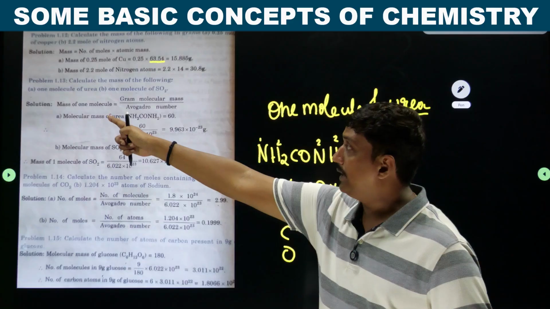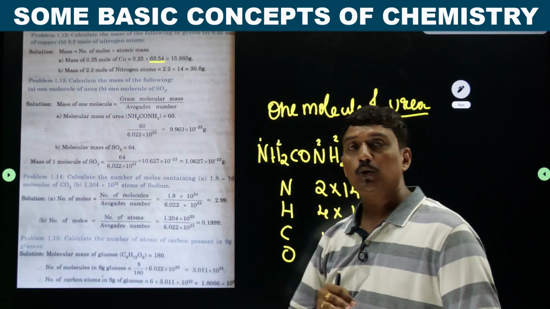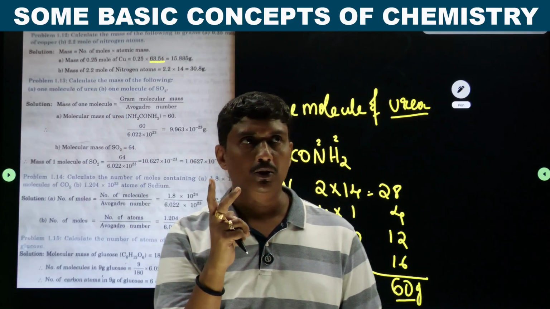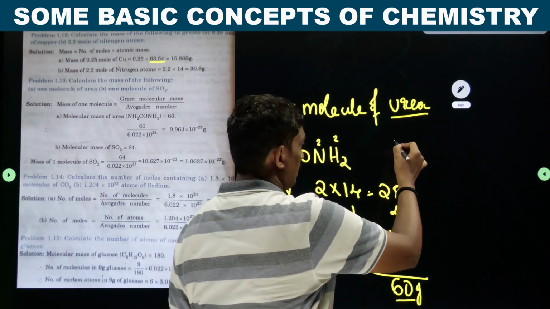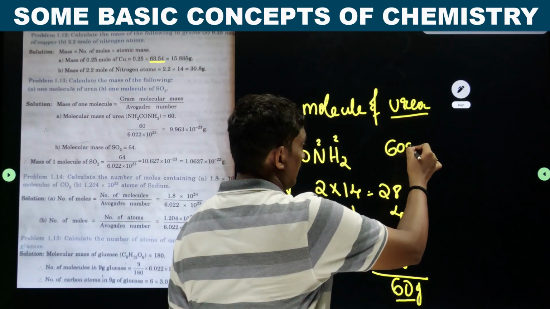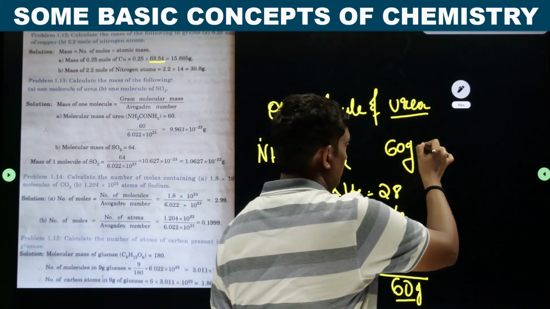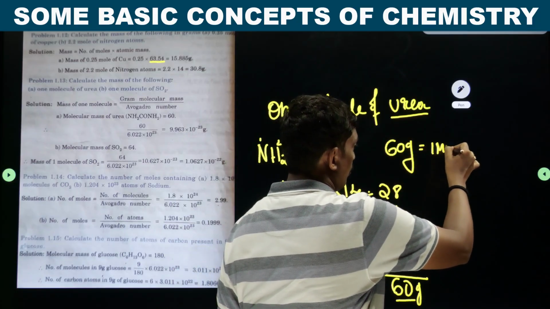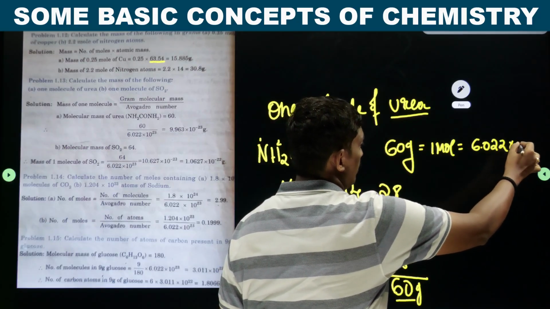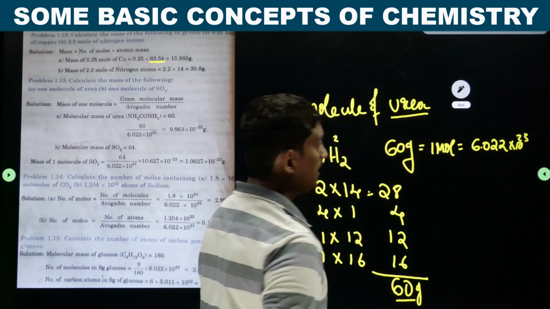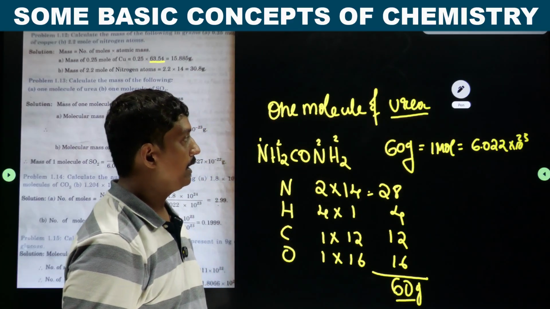You should calculate the mass of one molecule. How to calculate? We know that 60 grams is equal to 1 mole, which is equal to 6.022 into 10 to the power 23 molecules.